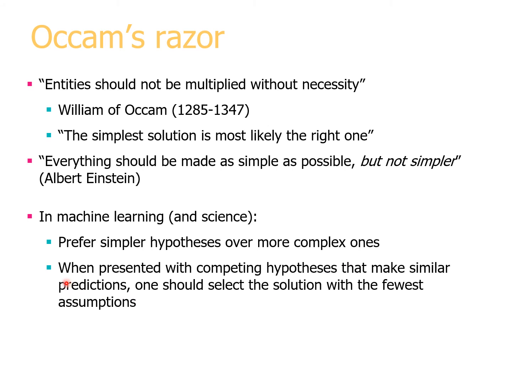When you are presented with multiple competing hypotheses, you go with the solution with the fewest assumptions. Fewest assumptions means the simplest solution. You choose the simplest solution, and that solution is most likely to be the best one in the future.